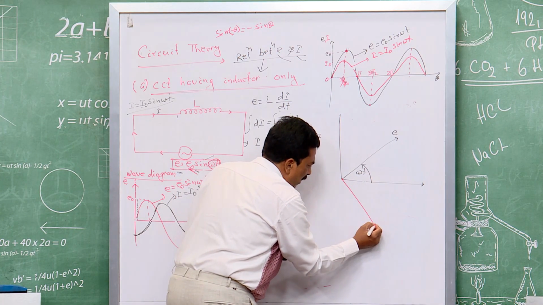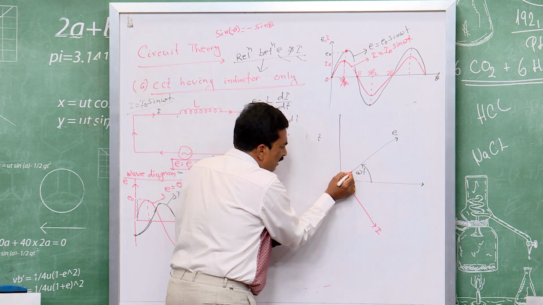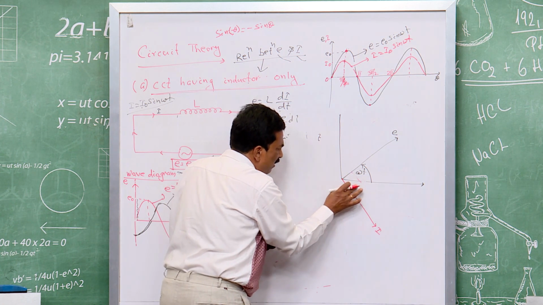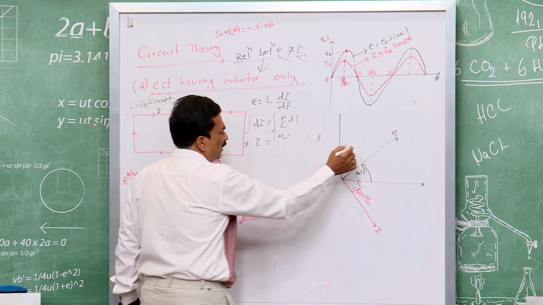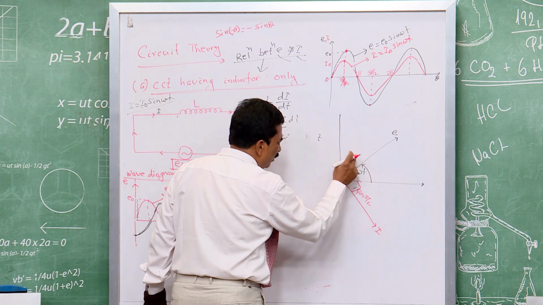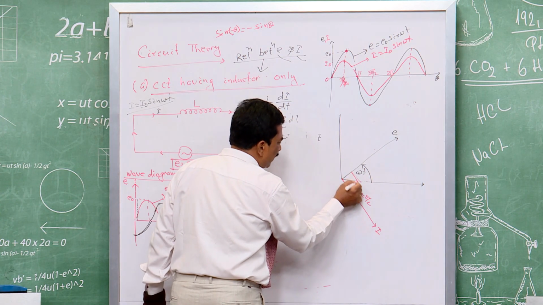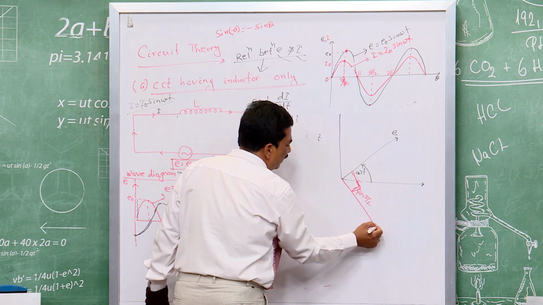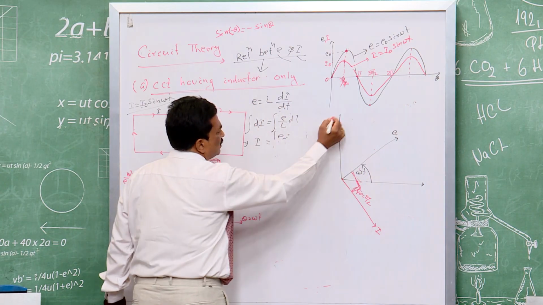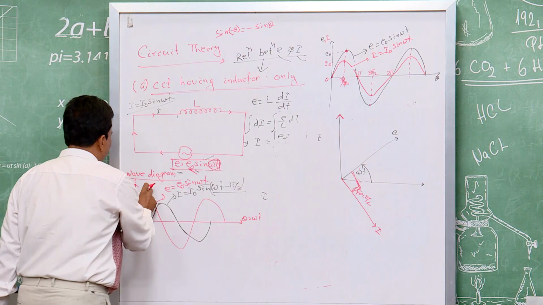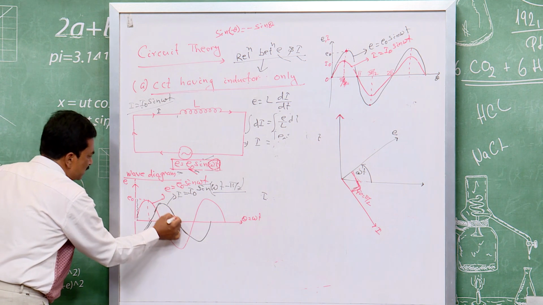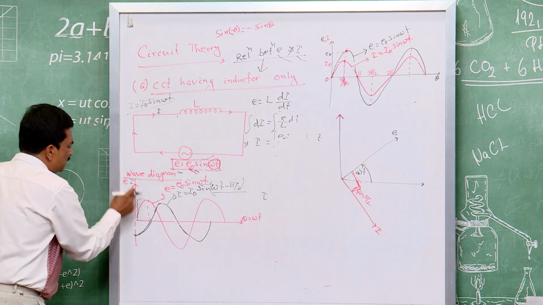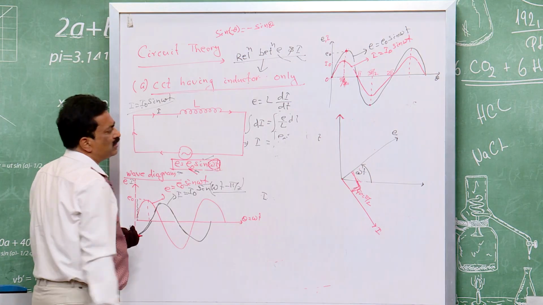If this is I, then from E to I is 90 degrees, or pi/2. If this is E, this is I. This is the phasor diagram. Along the y-axis we take E and I, and theta = omega t.